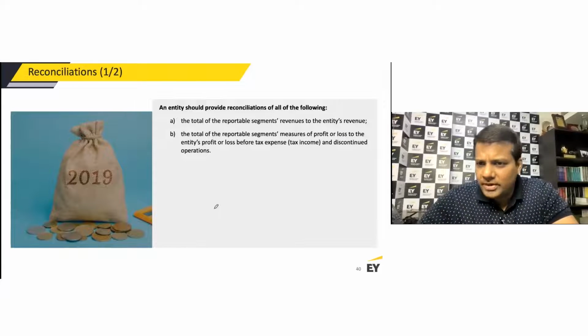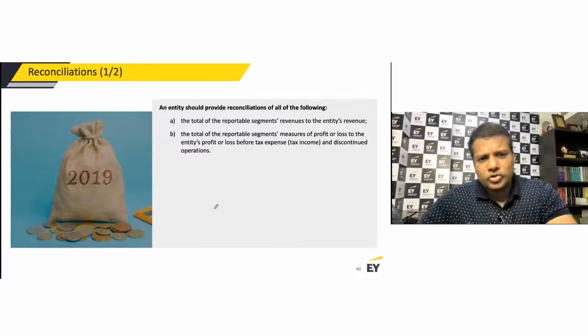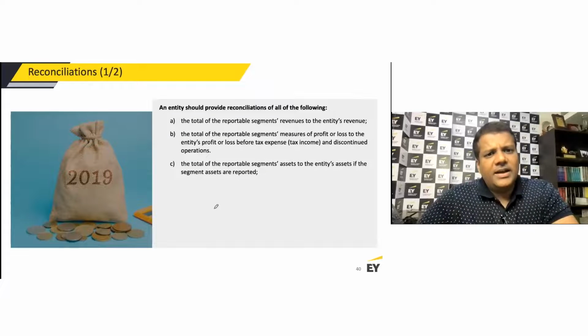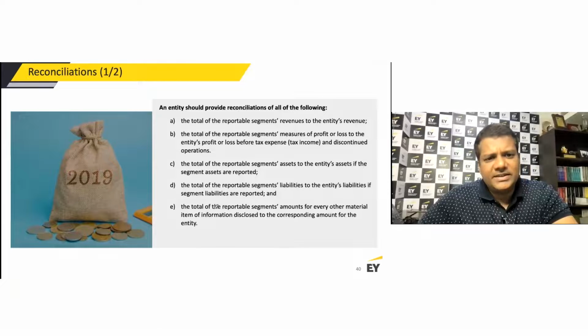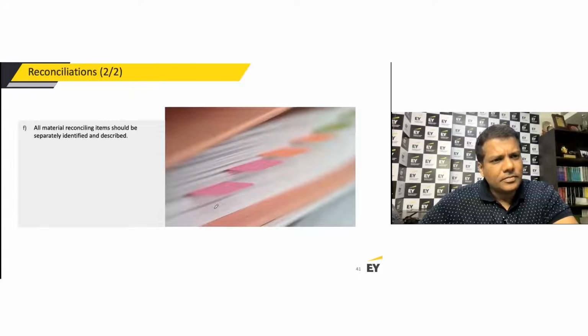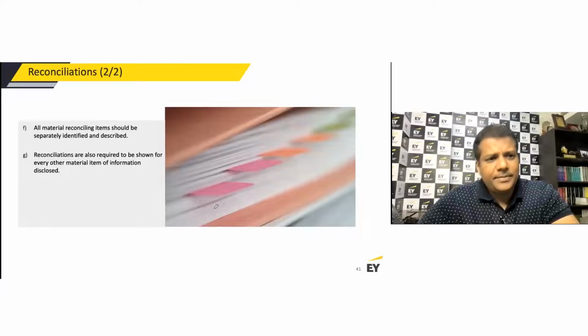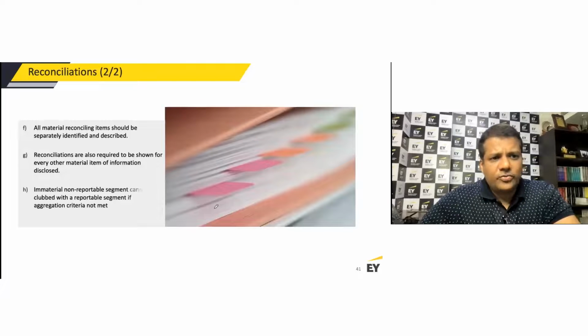And then total of the reportable segment measure of profit or loss to the entity profit or loss, assets to the entity assets, liabilities to the entity total liabilities, and the total of the reportable segment amount for every other material item of information disclosed to the corresponding amount for the entity. From that perspective, all material reconciling items should be separately identified and described, okay, and also required to be shown for every other material item of information.